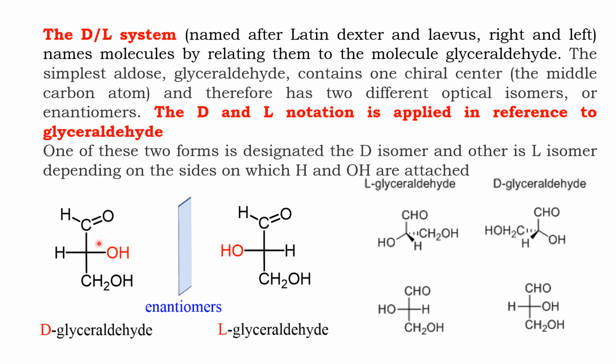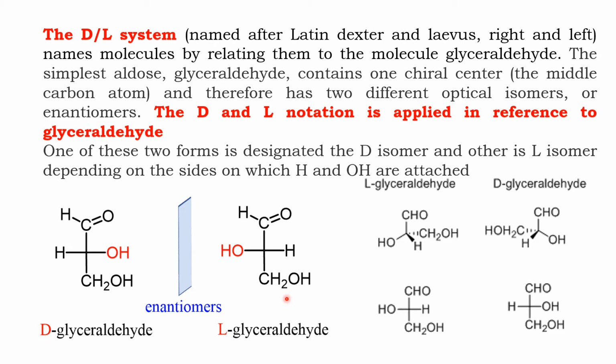See here, this is the asymmetric carbon atom. In this asymmetric carbon atom, the OH group is on the right hand side. Hence, it is D-glyceraldehyde. In this particular compound, the OH is on the left hand side. Hence, it is L-glyceraldehyde. Any compound which has a similar configuration to that of D-glyceraldehyde is a D-isomer, and any configuration similar to L-glyceraldehyde is an L-isomer.